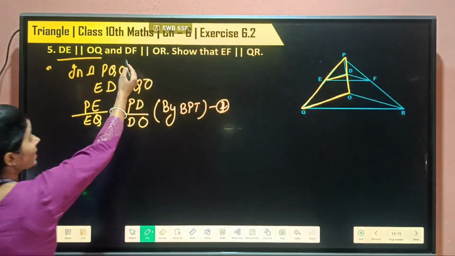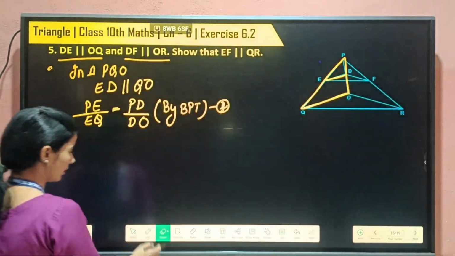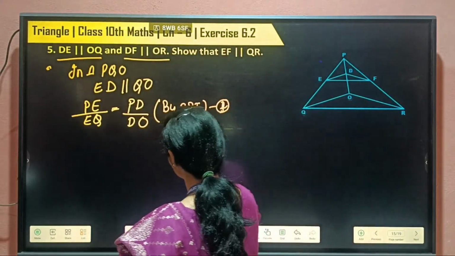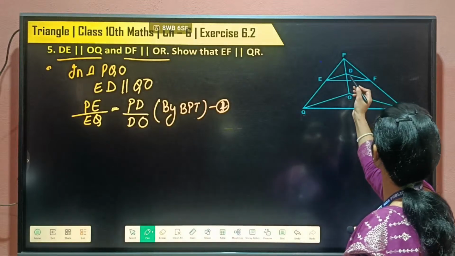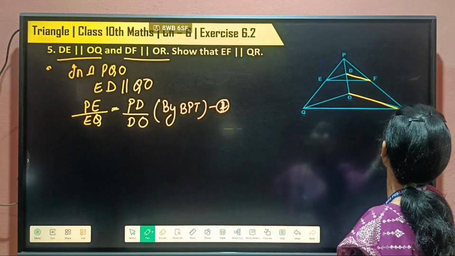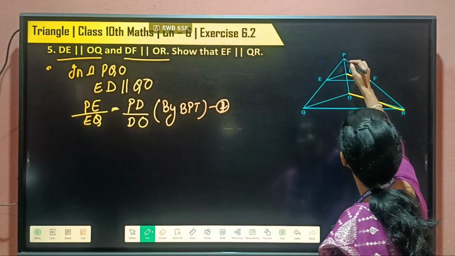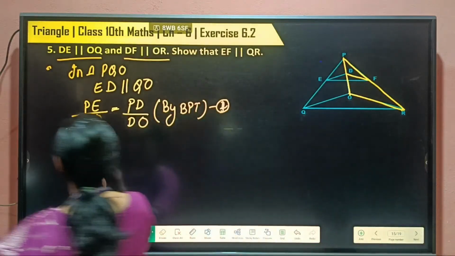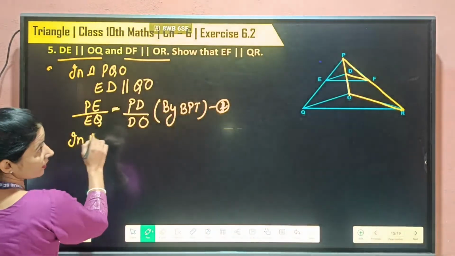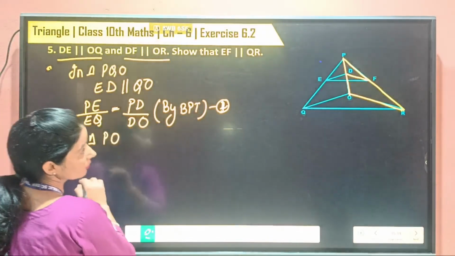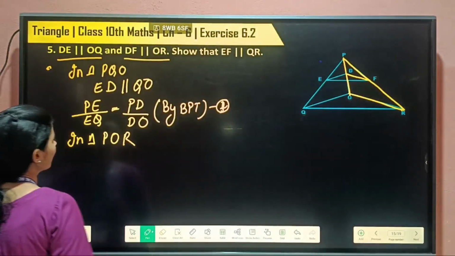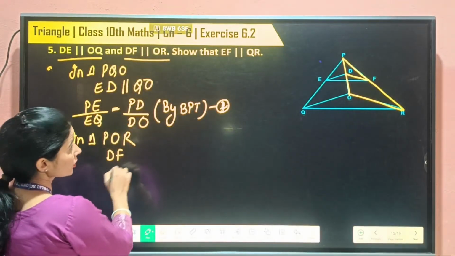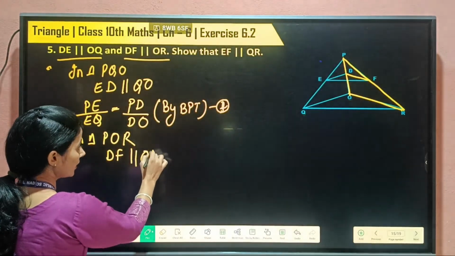Now this DF is also parallel to OR. In triangle POR, this DF is parallel to OR.